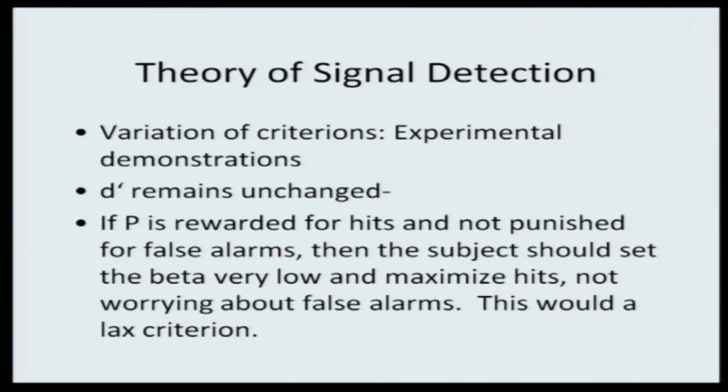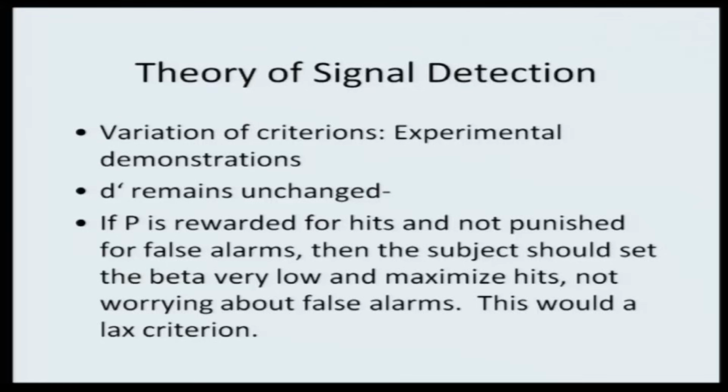Let us look at one of the experimental demonstrations of this. We are taking a case where the strength of the signal remains constant. In the first case, the strength of the signal changed, and therefore it had an impact on the response. Now, the strength of the signal is made constant, and it is the cost benefit analysis that you make as an operator.